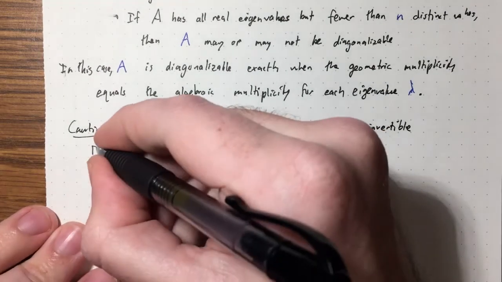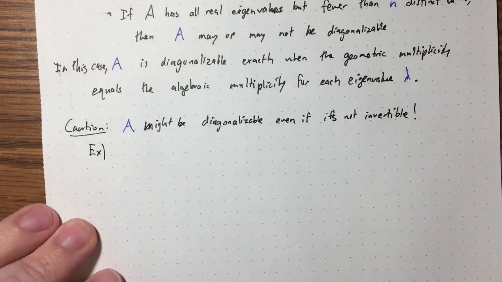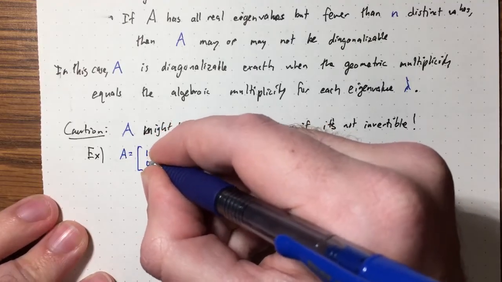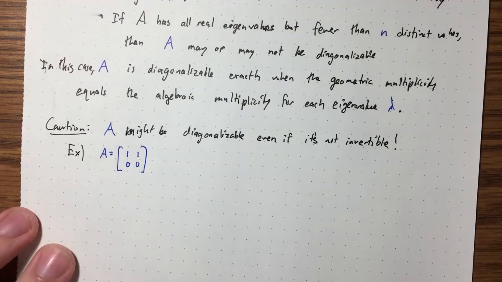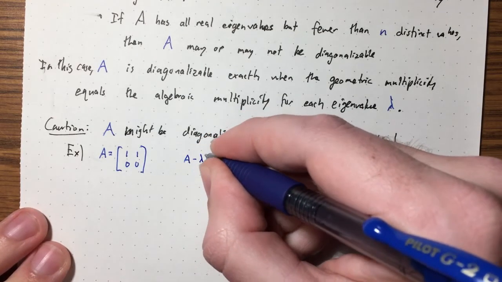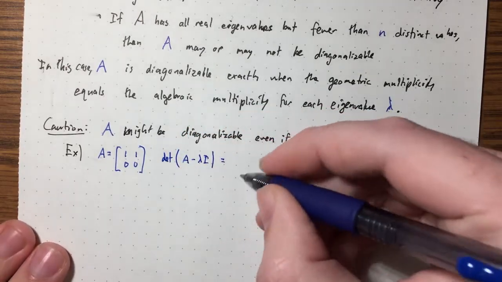Can we see an example of a non-invertible matrix that's diagonalizable? Yeah, how about this one? 1, 1, 0, 0. What's A minus lambda I? It's always what I look at. I want to look at the determinant of A minus lambda I to find eigenvalues and eigenvectors.